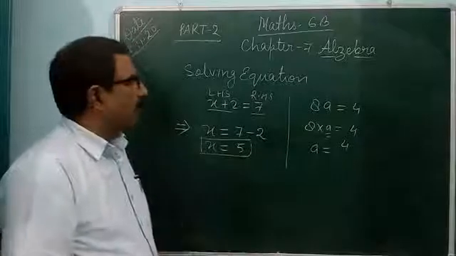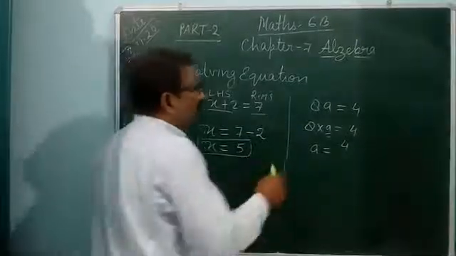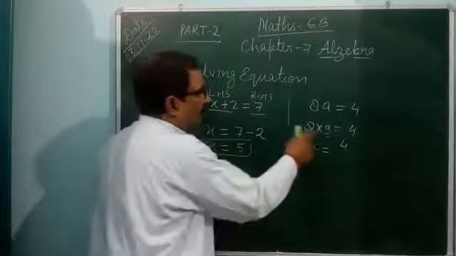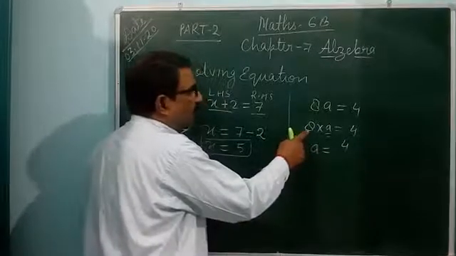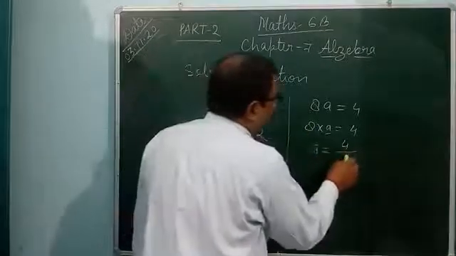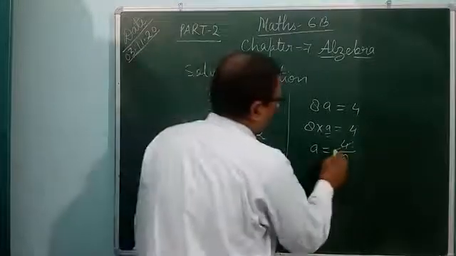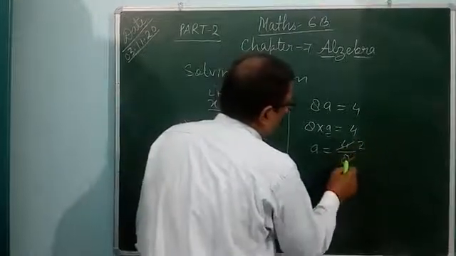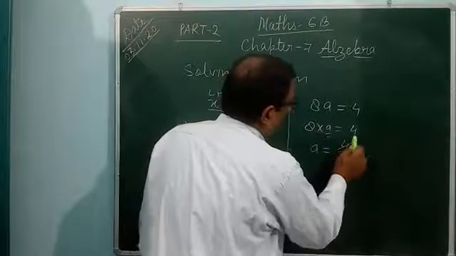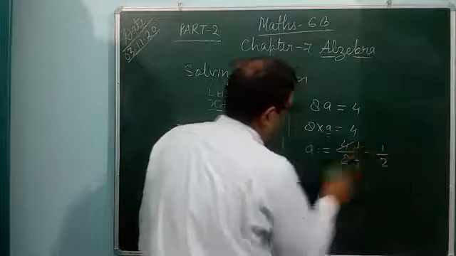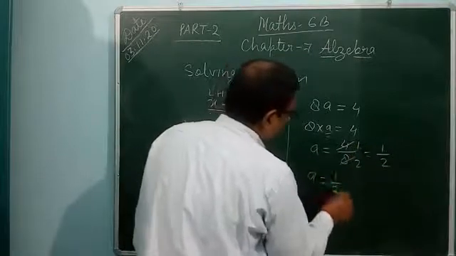And the number that is with the unknown variable a, suppose it is 8, so 8 will be denominator. So it means 4 by 8. So dividing by 4, or also you can say 4 1 is 4, 4 2 is 8. So 1 by 2. It means a is equal to 1 by 2. It is the answer.